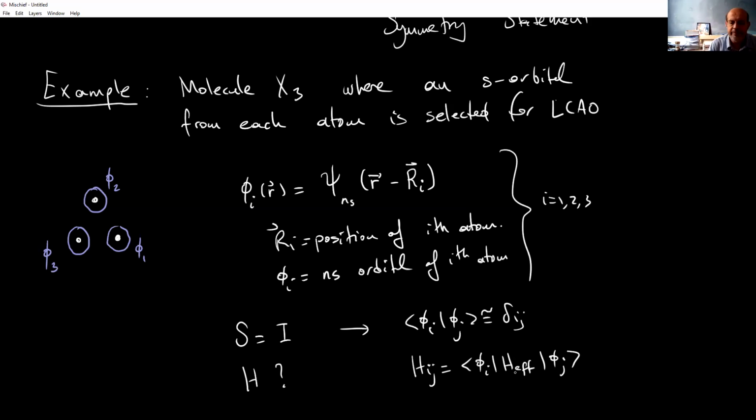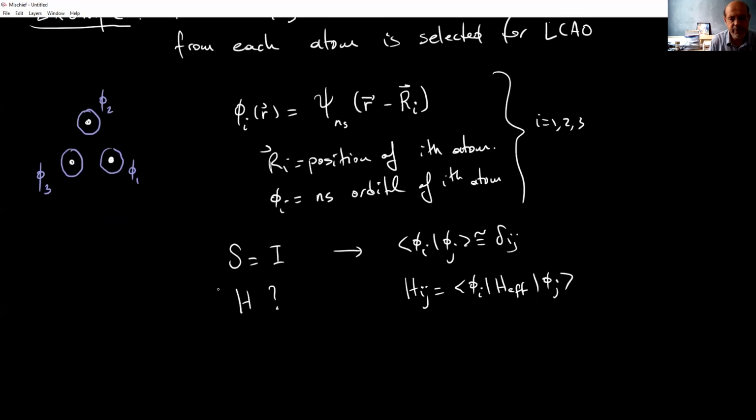And I don't know how to compute this. I'm just going to say something about this matrix. What can we say about this matrix? In any case, H is a 3 by 3 matrix.